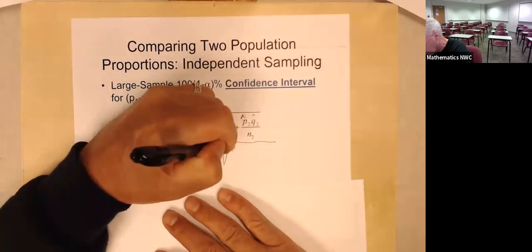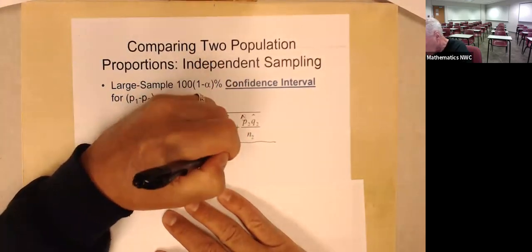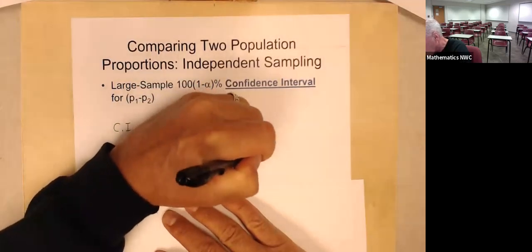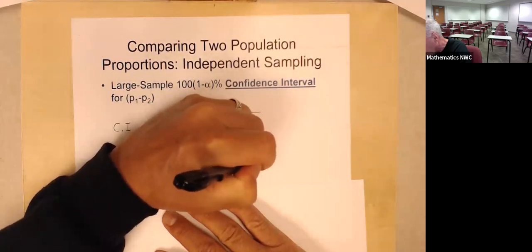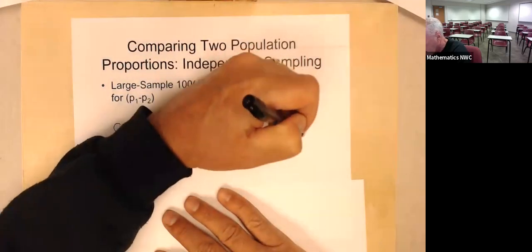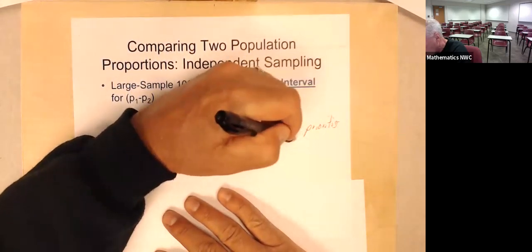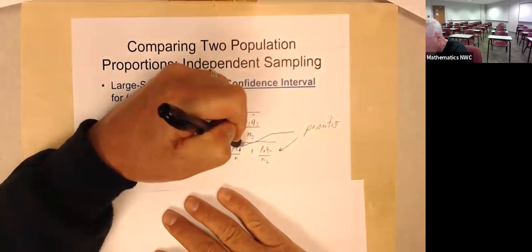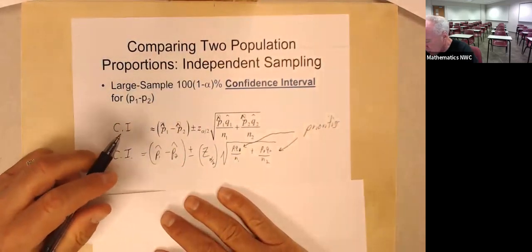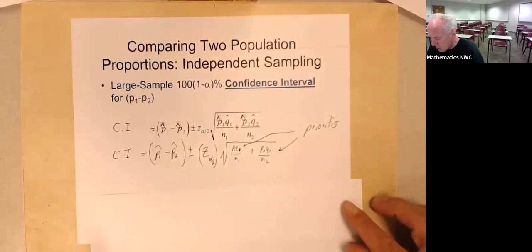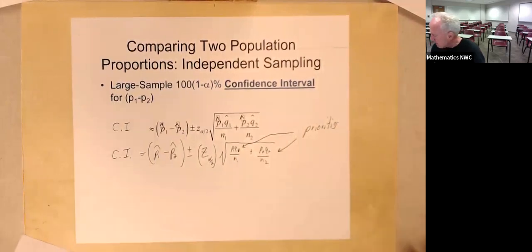Square root of p1 q1 over n1, and the second one is p2 q2 over n2. These have the priorities of P and Q that we have in your notes as well. If you need to stop this to write that down, that's fine.